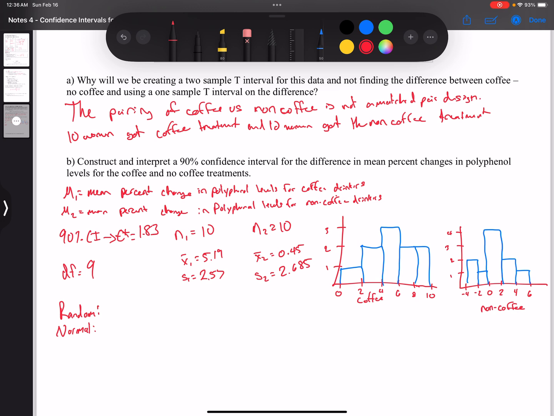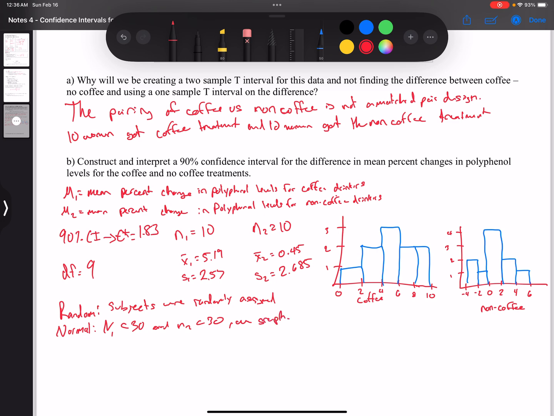Okay, so next up, we've got our conditions. Random: subjects were randomly assigned. And then for normal, because N1 was less than 30 and N2 was less than 30, we graph.